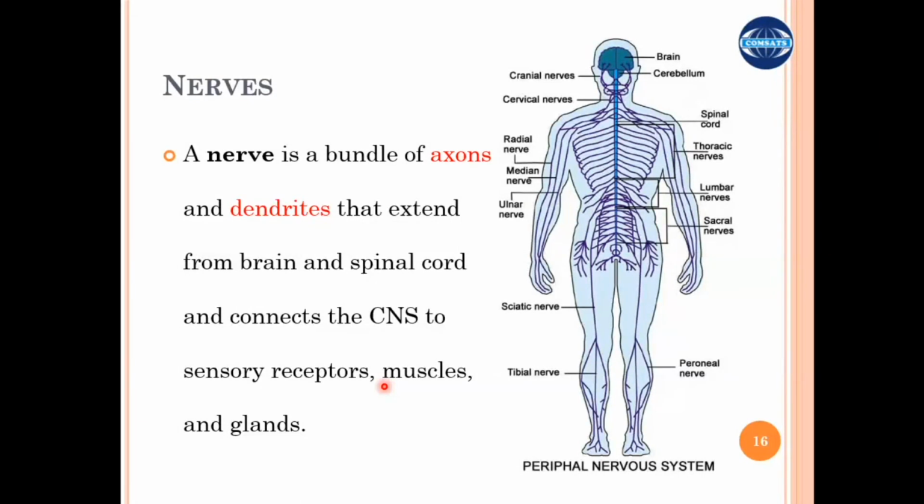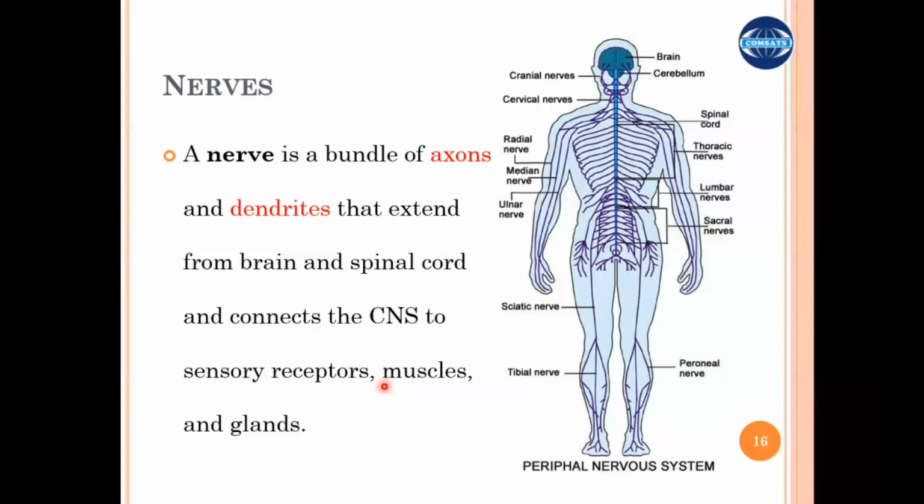Right. So basically, the collection of the different dendrites and axons, and sometimes including the cell bodies, is called the nerves. Right? So nerves could be cranial nerves or spinal nerves. The cranial nerves are those that arise straight from the hindbrain, and they are mostly confined within the skull region.